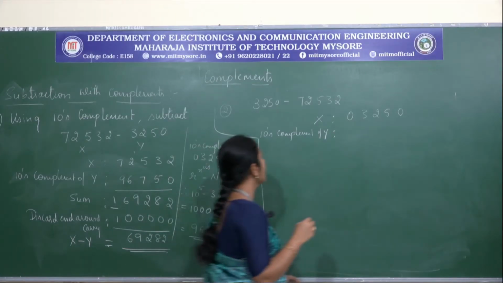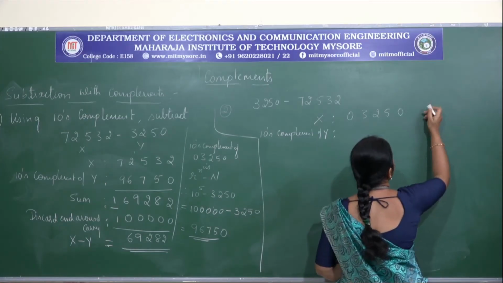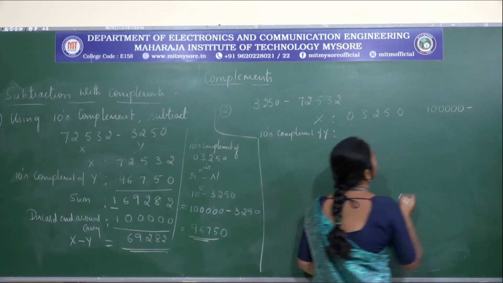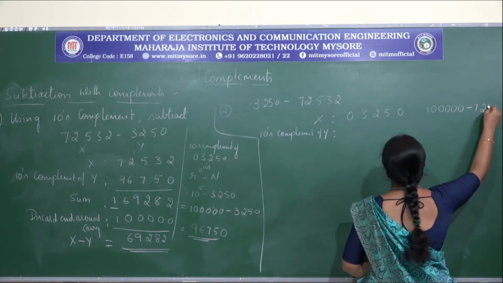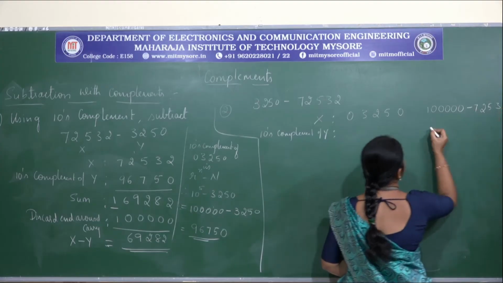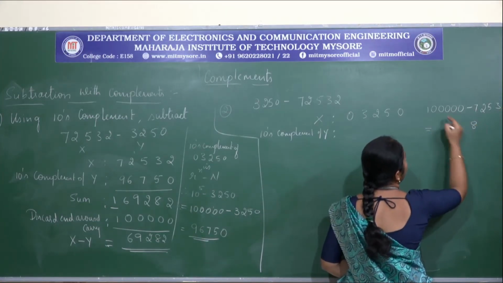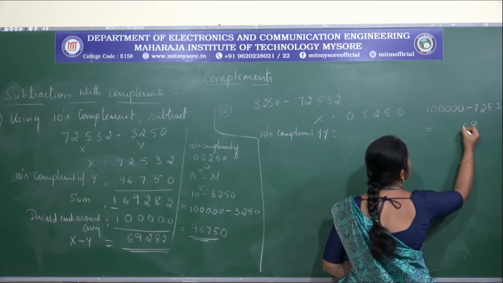What is the tens complement of this? We have 5 digits, so 100000 minus 72532. What is the answer? 10 minus 2, 8. Next we have 9 minus 3, which is 6.